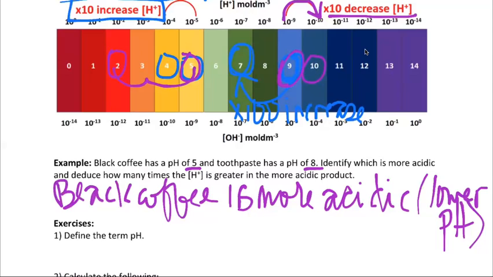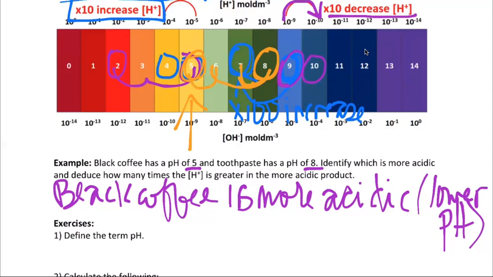Now, for the second part, where they want you to deduce how many times the hydrogen ion concentration is greater in the more acidic product. This is where you have to think: one of them is 8 and the other is 5. We just said that the black coffee, at 5, is the more acidic. So we have to look at how many spaces apart they are. Well, it's 1, 2, 3 spaces apart.